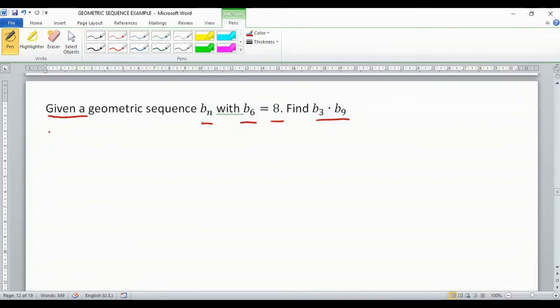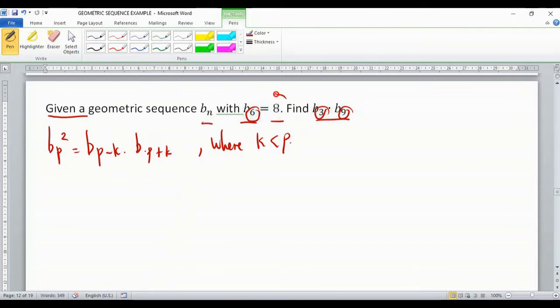We know that b_p squared equals b_{p-k} times b_{p+k}, where k is less than p. Now we just have the 6th term.